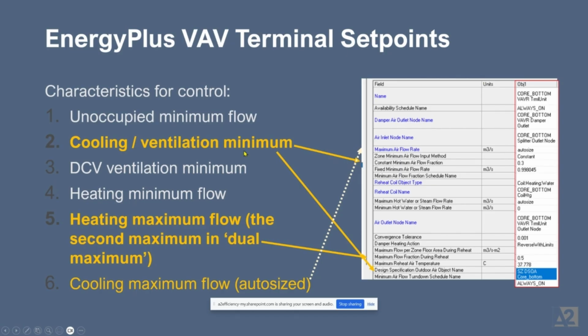We still have our ventilation minimum, right? That's still defined either by this fraction, 30%, and linking to our outside air object. So if the outside air was our minimum, you could just set this at 0 because we know that would then take over. Heating maximum still there, right? 50%. Cooling maximum still there, autosizing.